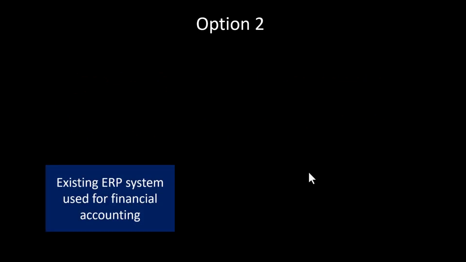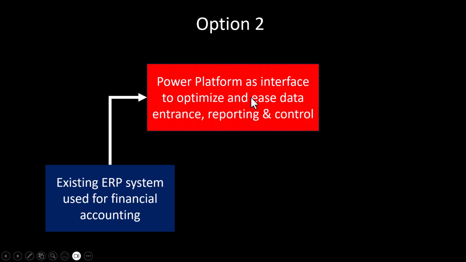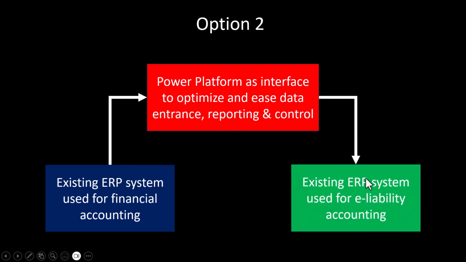Therefore, I thought, why don't we start with the things that we have? We have an existing ERP system, which can be SAP, Dynamics, Navision, Oracle, whatever. Then we create an app on top that takes these accounting entries from there and fills the CO2 footprint or carbon emissions into our ERP company.